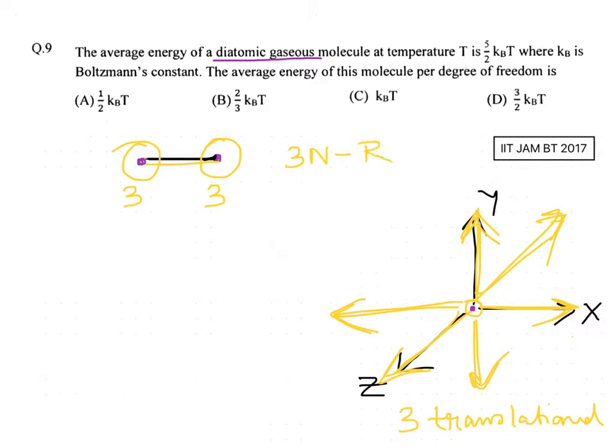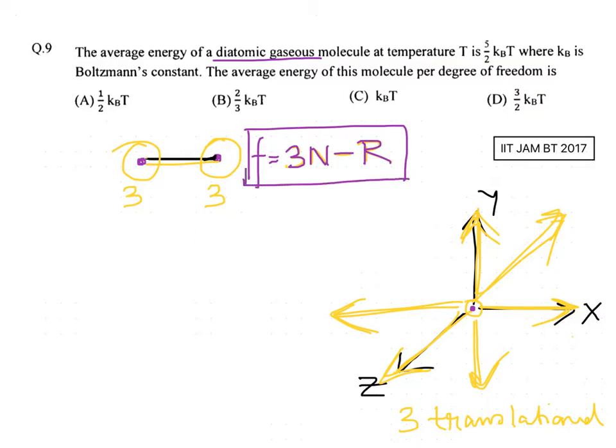Here n is the number of atoms, and r is the restriction or the number of bonds. So the formula is F equals 3n minus r.